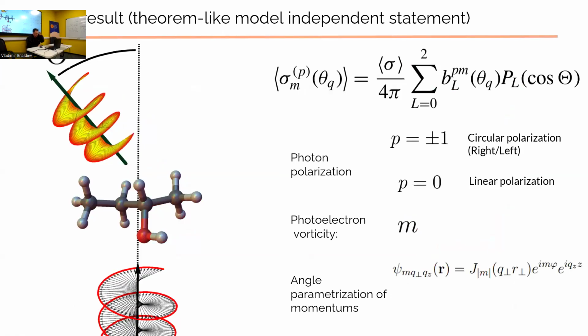So the main formula from our work is the following. Here we have some ensemble of the molecules, here just one, but we consider an ensemble. This is some fixed axis, and we can choose the direction of the vortex photoelectron moving by this green line. Here is the angle theta.